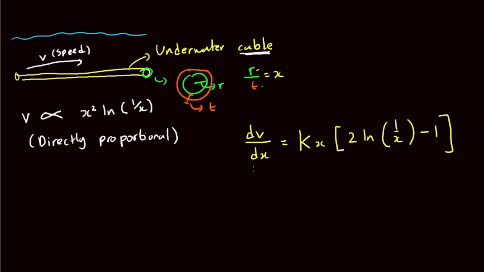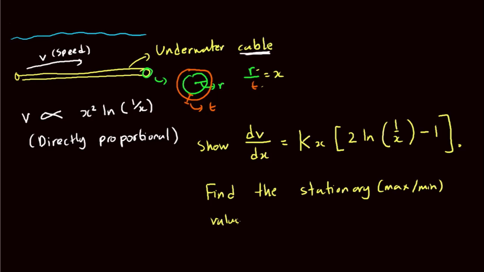It's a show question, to verify that we get this. And once we get this, they want us to find the stationary values of v, meaning the max and min values of the function v itself.